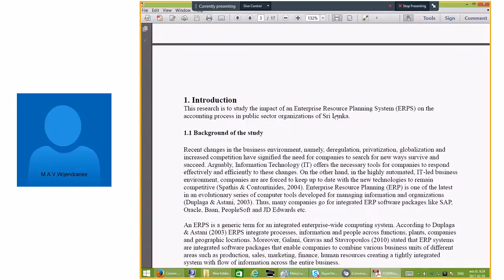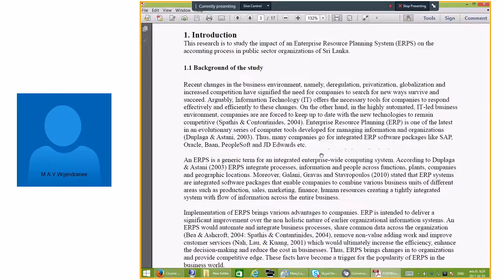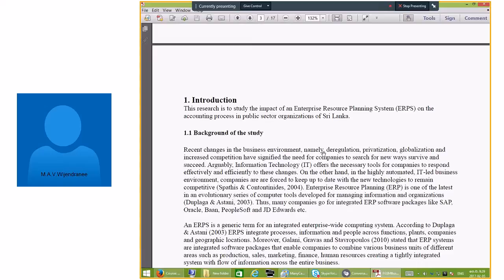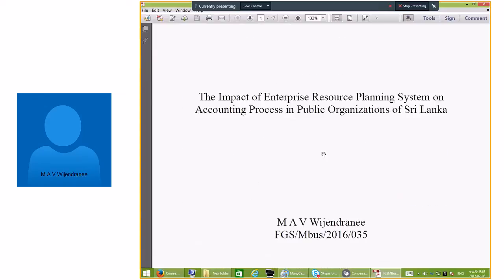ERPS is one of the latest computer tools developed for managing information in organizations. ERPS are highly used in private sector organizations. In the recent past, we can see public sector organizations are also interested in implementing ERPS on accounting processes.